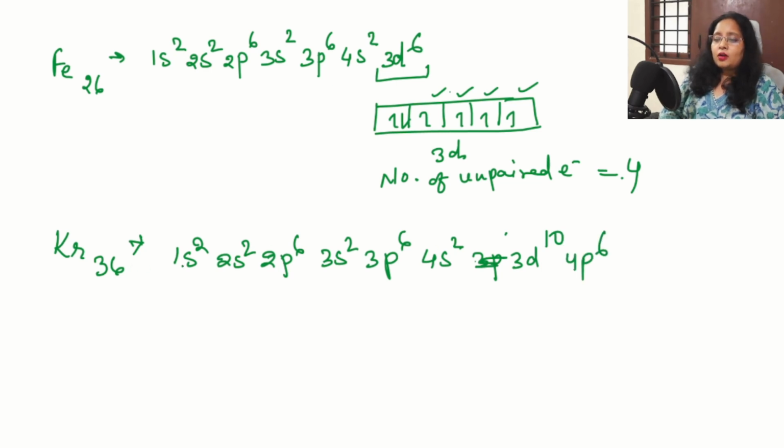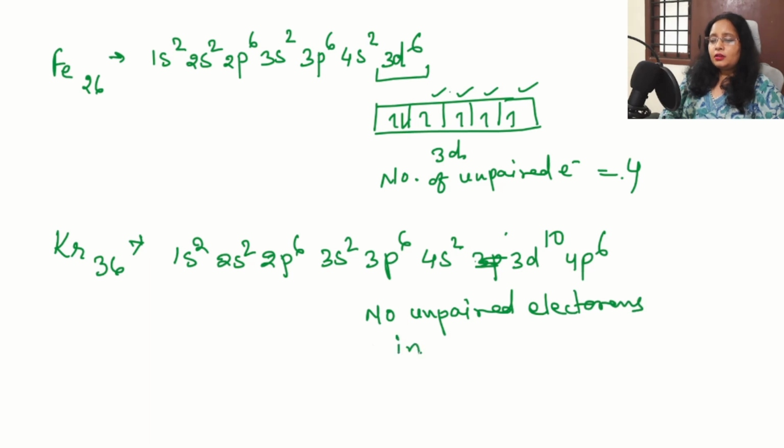Now count all the electrons. Total 36, 10 plus 20, then 30 and 6, 36. Now we can see all the S having 2 electrons, all the P orbitals having 6 and D having 10 electrons. It means there are no unpaired electrons. So krypton has no unpaired electrons.